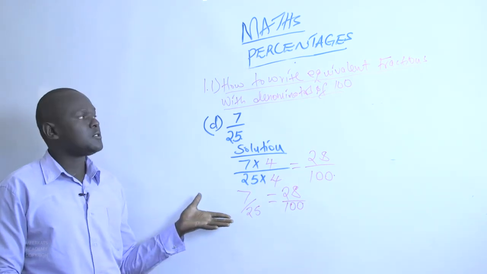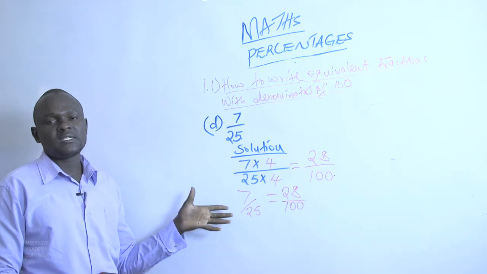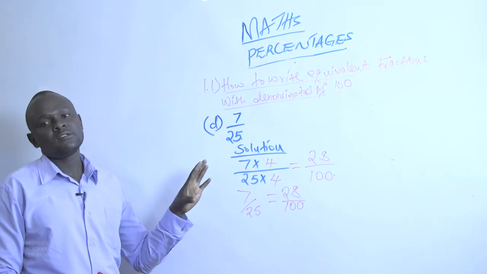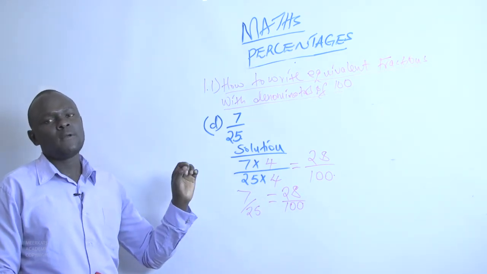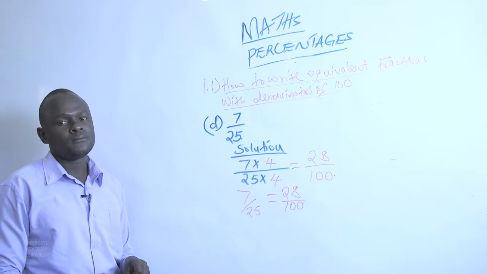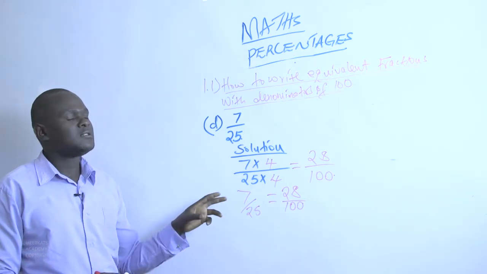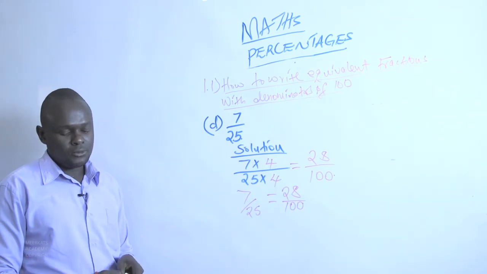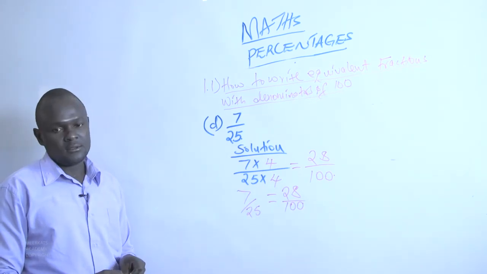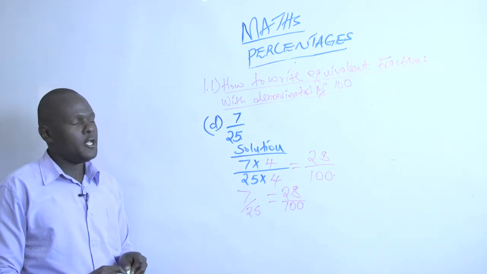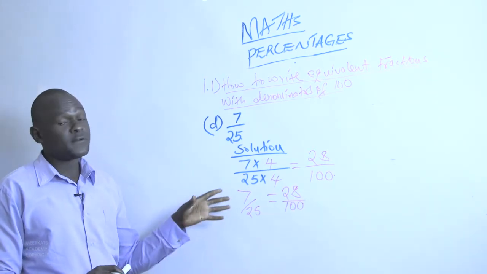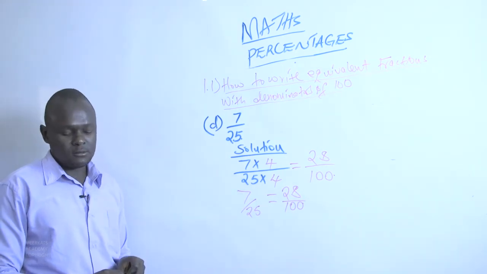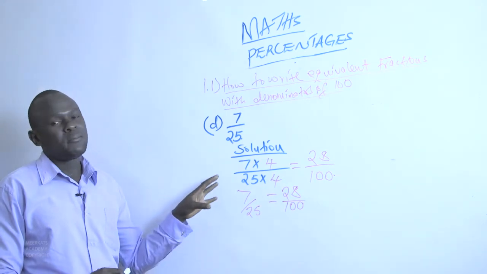This particular knowledge that we have just learned on how to write an equivalent fraction that has a denominator of 100 is applied in converting fractions and even decimals into percentages.